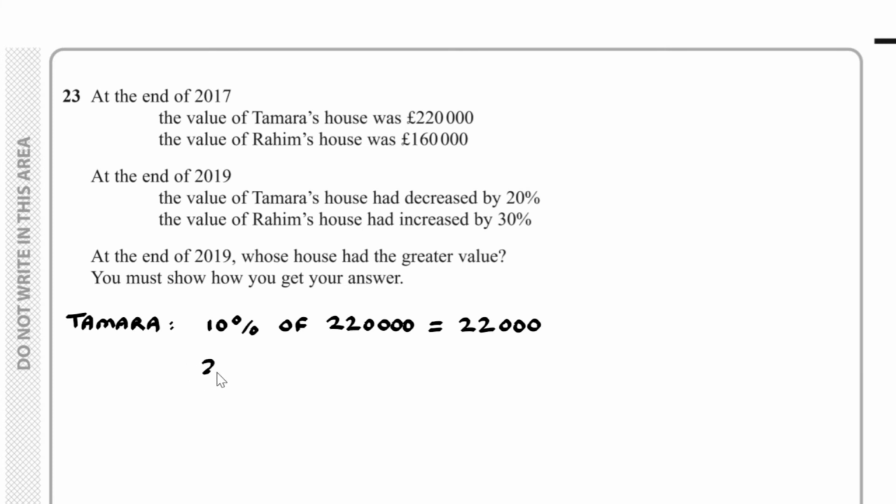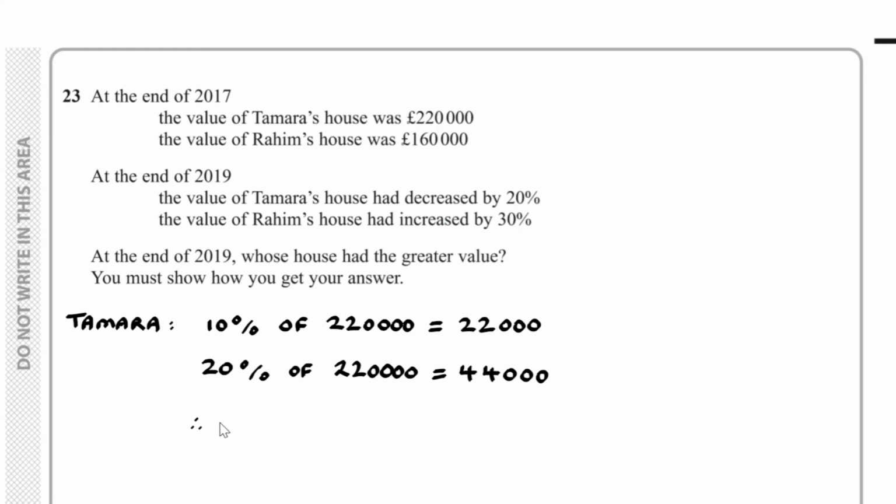And so therefore 20% of 220,000 is equal to double this, which is 44,000.